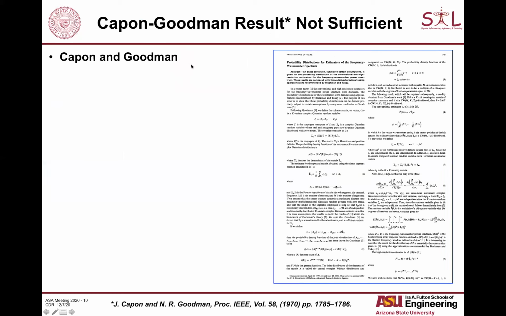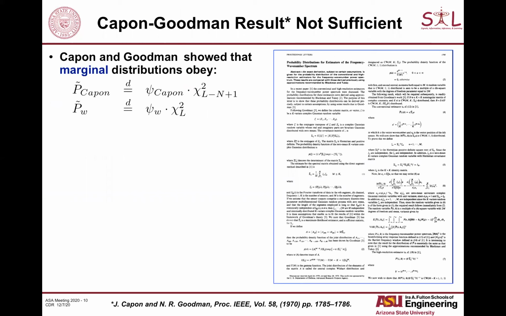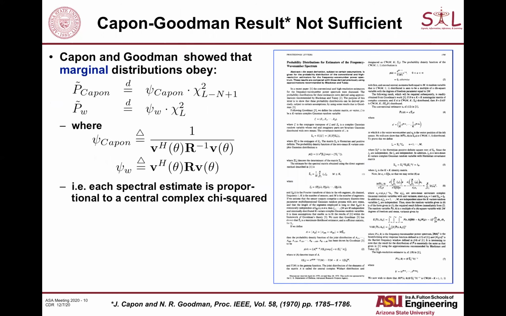A very classical paper published by Capon and Goodman in 1970 established the marginal distributions of each of these statistics. They showed that they were both proportional to central complex chi-squared statistics with the indicated degrees of freedom. The proportionality constants are given by psi Capon and psi W respectively, which are the statistics you would get if you evaluated them using the true data covariance matrices.